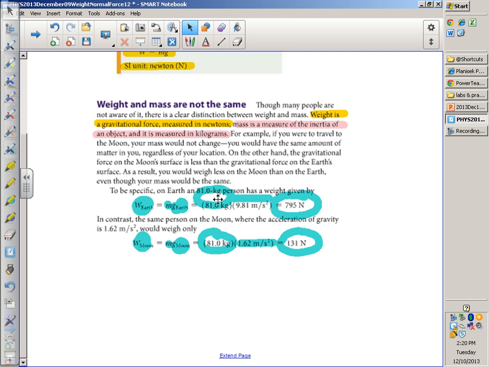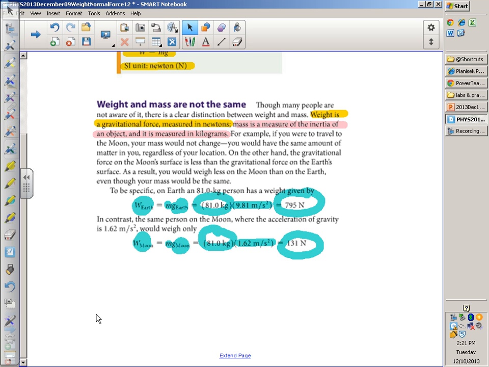And we talked about the idea that the mass of an object will not change based on the location. That an astronaut, in this case here, right, has the same mass, but because the effect of gravity is different in those two locations, the weight will be different.